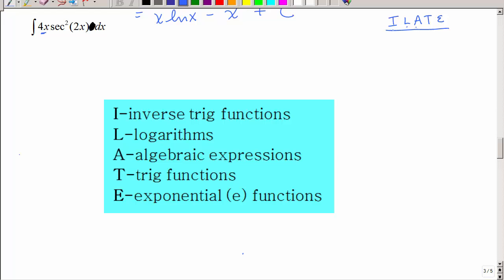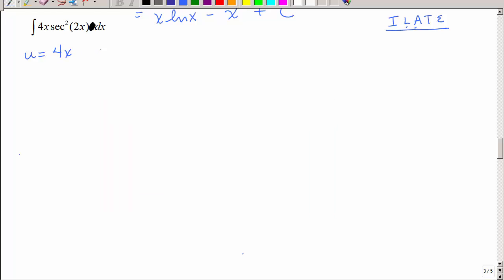I is inverse trig functions, I don't have any. L, logarithms, don't have any. A, algebraic expressions, that's the things with x or x squared, and yes I do. I have 4x. So I'm going to let u equal 4x. That means dv is everything else in the problem.